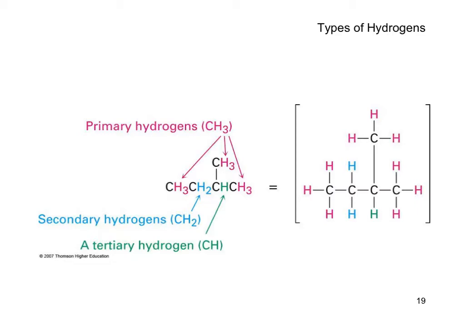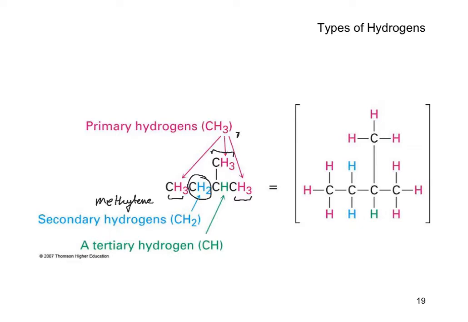Okay, so over here I am showing you a molecule. So let's draw that out. Of course, here I have drawn it in a condensed structure, and you can hopefully see that I have my primary hydrogens on the methyl groups. The one over here in blue is a secondary hydrogen. It's on a methylene, as we call it.